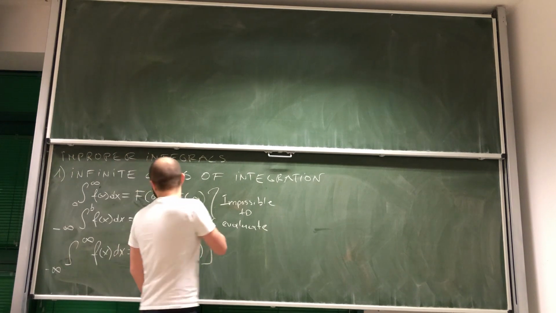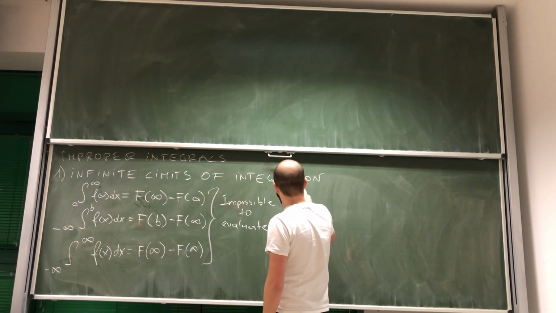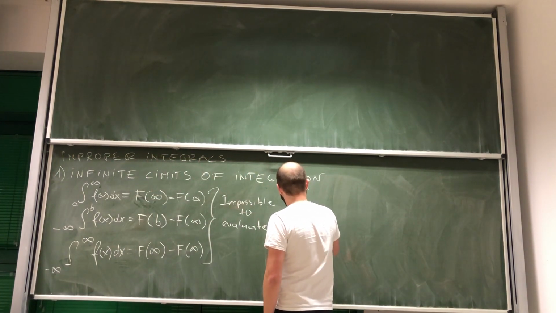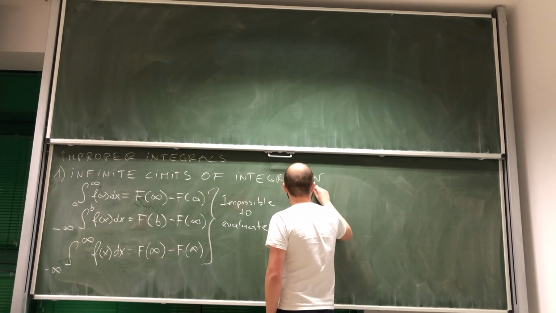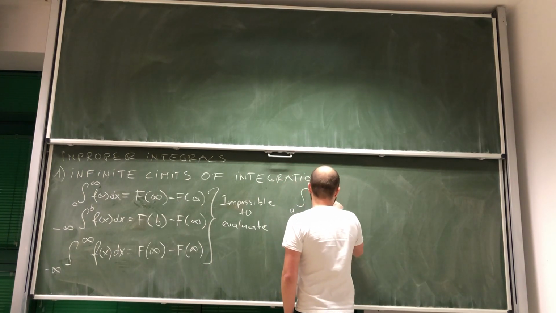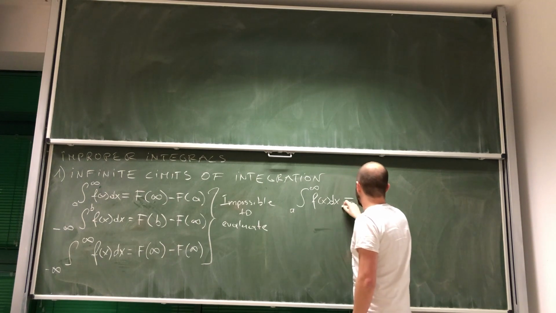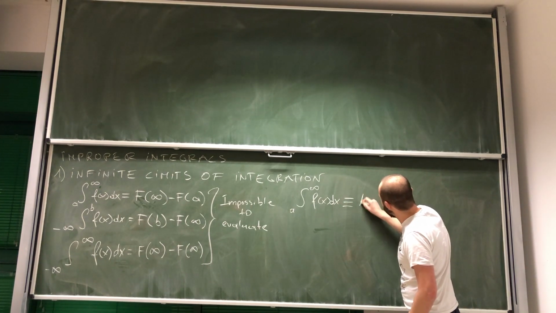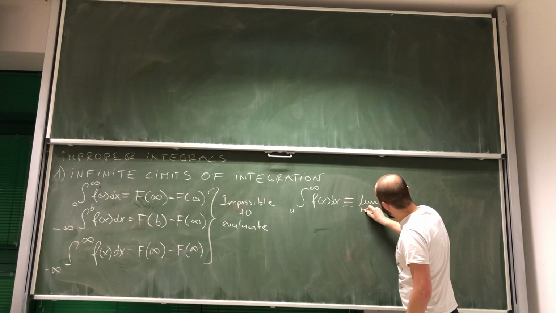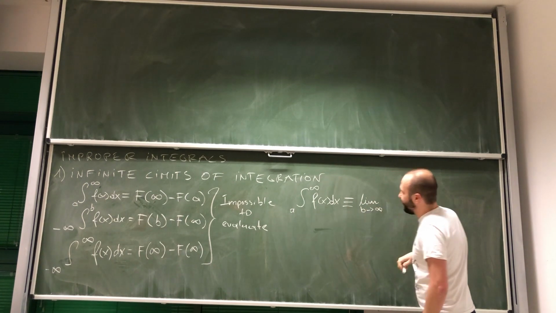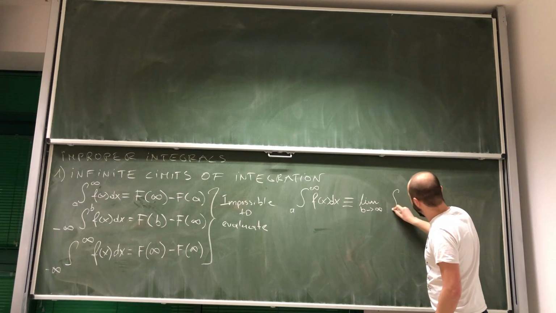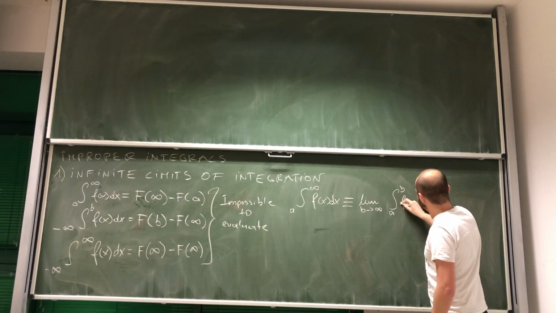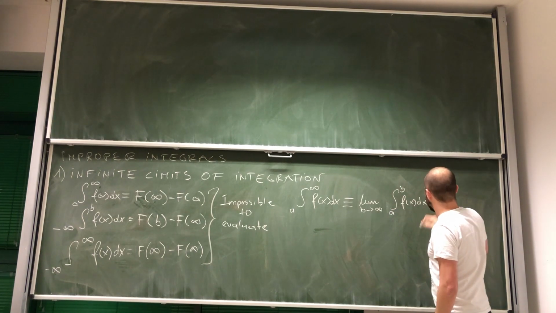So look, in the first case, we can say that this integral from a to infinity f of x dx is by definition given as a limit with b approaching infinity out of the integral from a to b f of x dx.